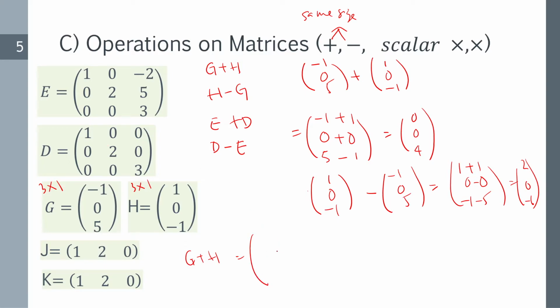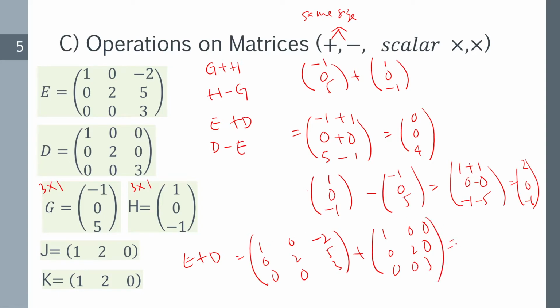So my E, this one is E. E plus D: my E is 1, 0, 0; 0, 2, 0; -2, 5, 3. I want to plus my D, which is 1, 0, 0; 0, 2, 0; 0, 0, 3.